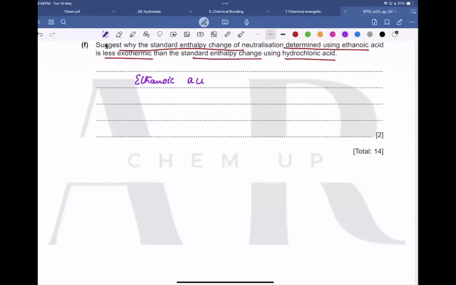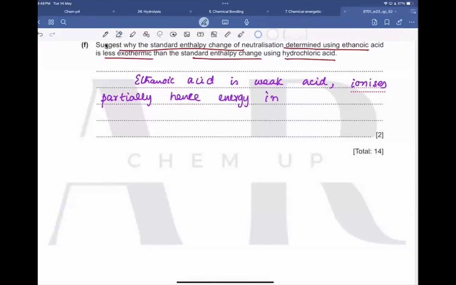Ethanoic acid is a weak acid, ionizes partially, hence energy is needed to ionize or dissociate it.